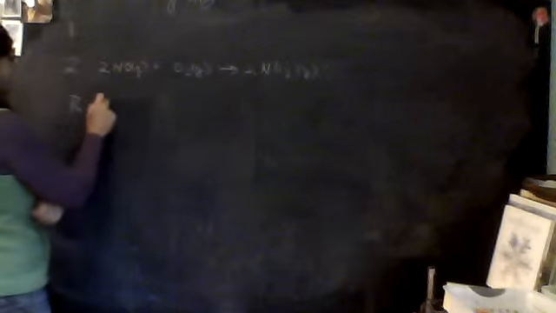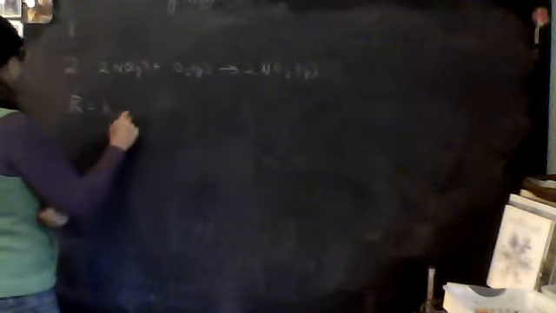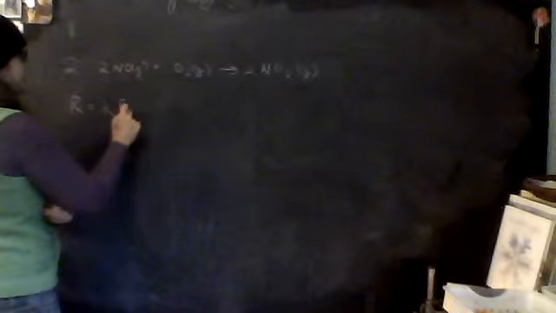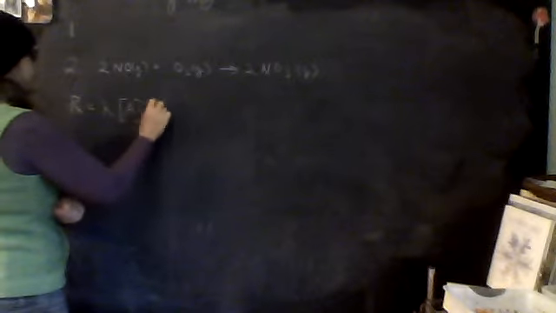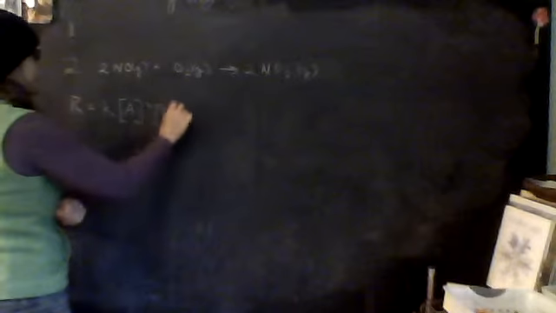Okay, so the general rate equation is R equals some constant K times the concentration of substance A to some power X times the concentration of substance B to some power Y. So what we need to do is look at the actual data in order to figure all this out.